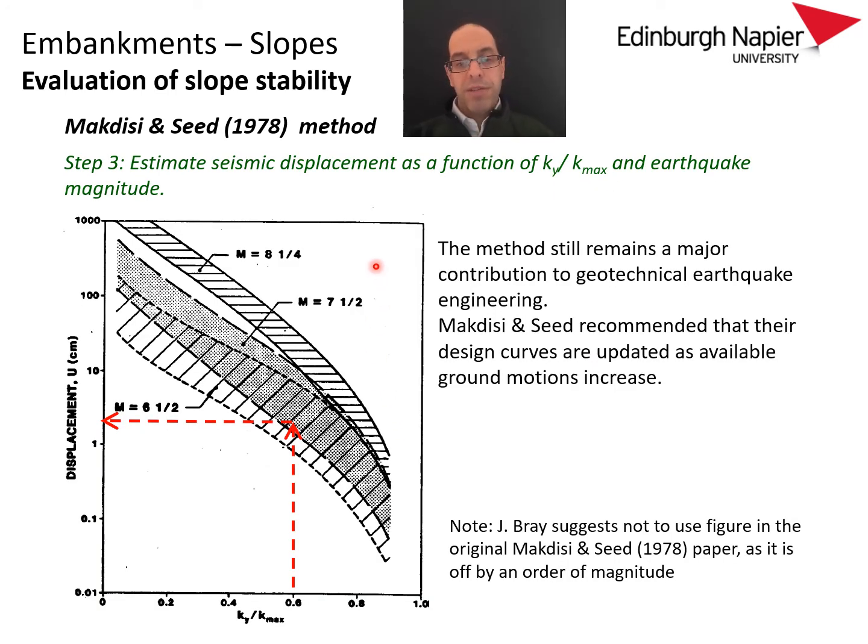Then in the third step, they have ranges that correspond to certain earthquake magnitudes, and by using the ratio between the yield acceleration and the maximum acceleration that they just estimated, they can make an estimate of the displacement using these charts.